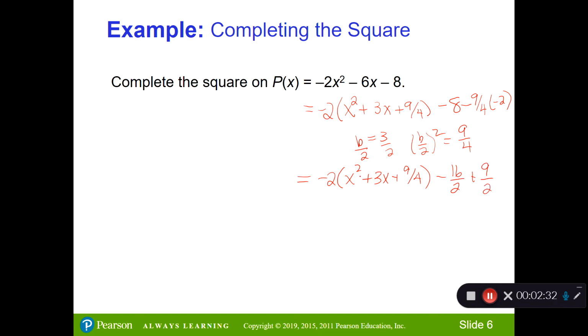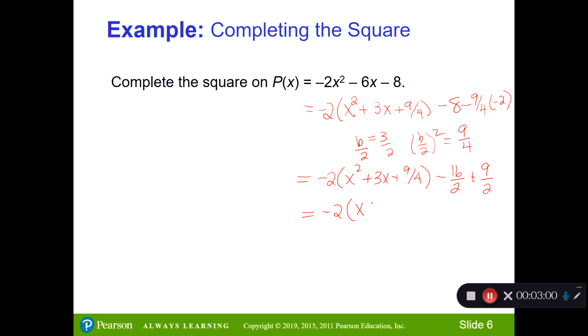Okay, now the purpose of adding exactly this quantity, the b over 2 squared, inside the parentheses, is that whatever is inside the parentheses will always factor into x plus this number, whatever your b over 2 is, the quantity squared.